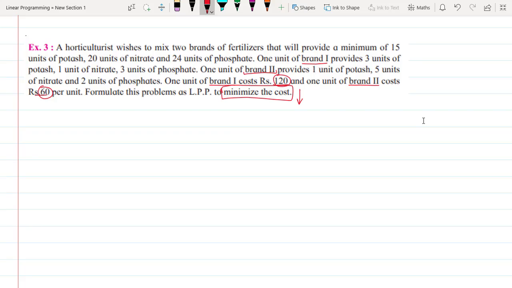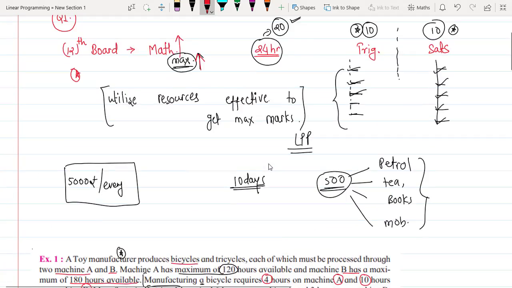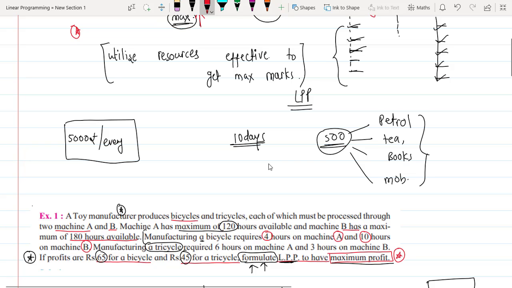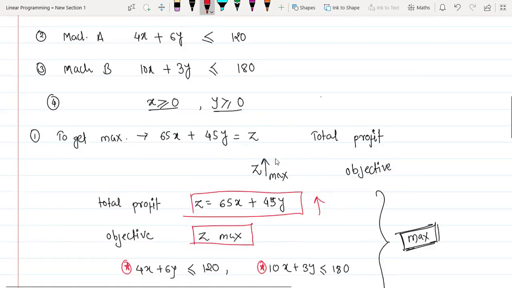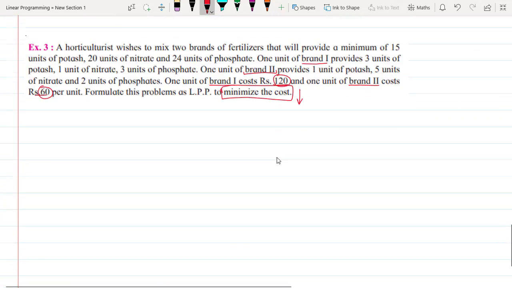I want to minimize this. This is the second type of example I have discussed. Our objective is to get the minimum spending. Here too it is the same. From where will you get the objective and decision variables? I will get it from the last sentence. Now let's read the last sentence once again.